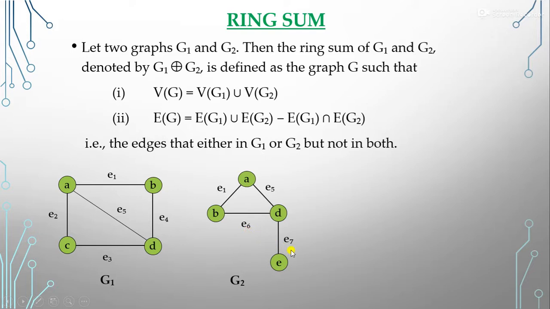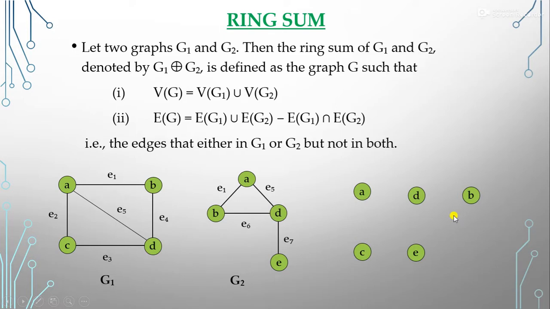So now what will be the graph of G1 ring sum G2? We have to include all the vertices in both graphs. So our vertices are A, B, C, D, E.